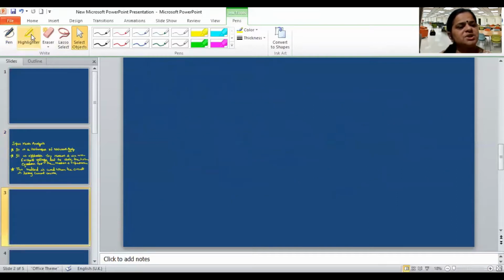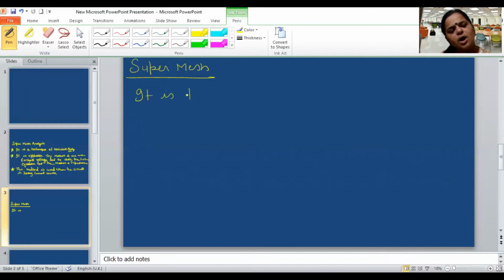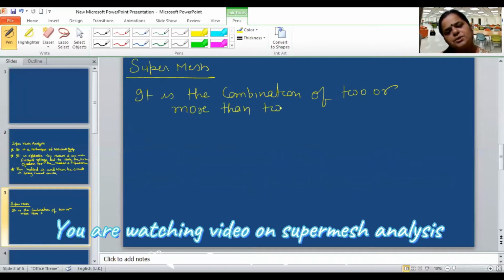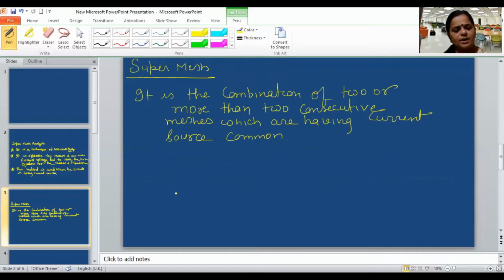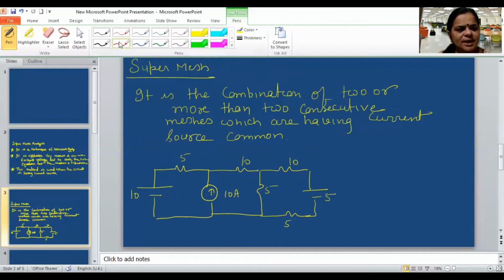Now the question is, what is a Supermesh? Supermesh is the combination of two or more consecutive meshes which have a current source common. For an example, I am drawing one of the circuits.